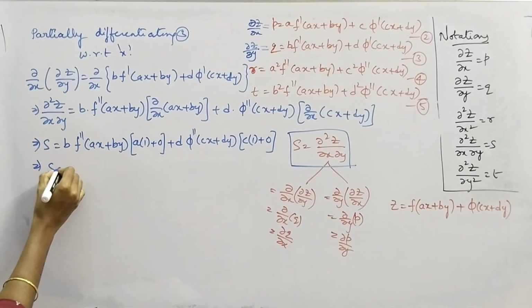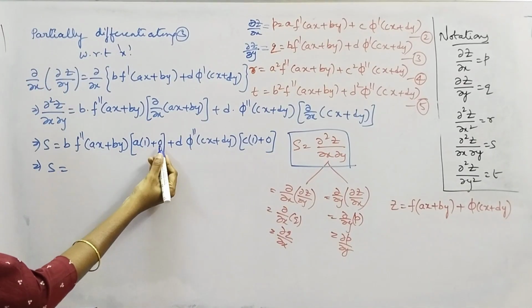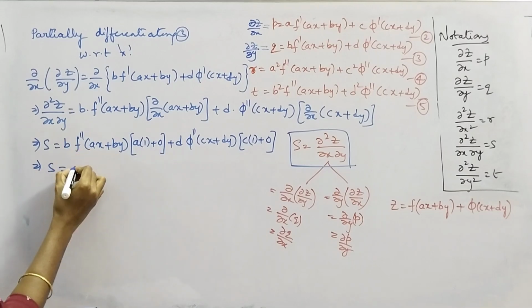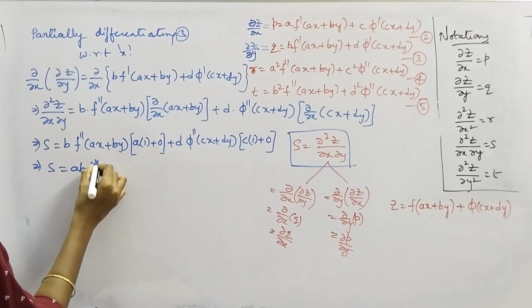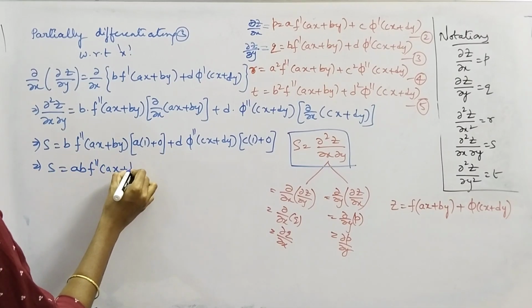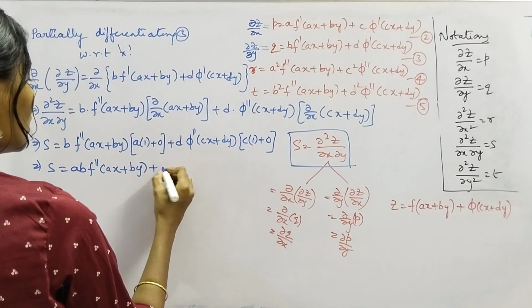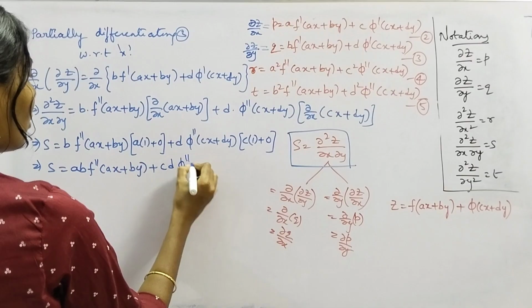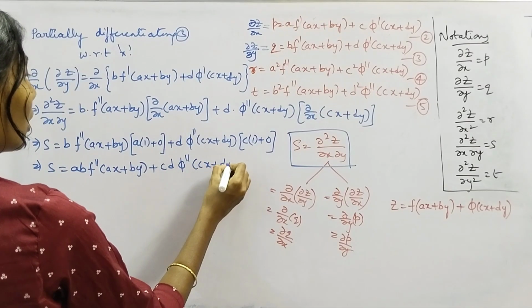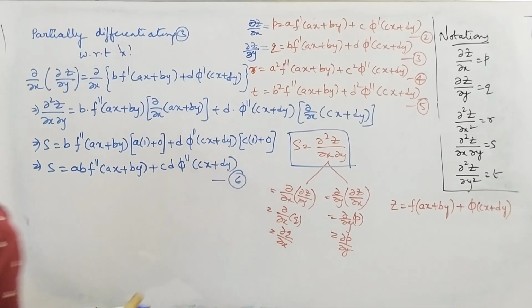This gives us s equal to a·1·a·b, that is ab, f'' of (ax+by), plus c·1·c·d, that is cd, φ'' of (cx+dy). Now consider it as equation number 6.